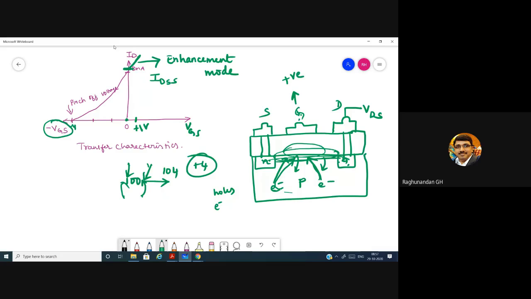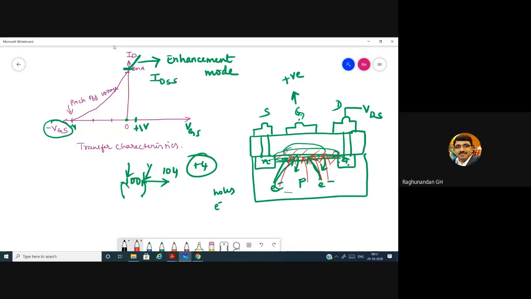But if you make the gate voltage positive, what happens? It creates a kind of positive electric field. When a positive electric field is created across the channel, the electrons which are in this P substrate get added up to this channel. They just join this channel.